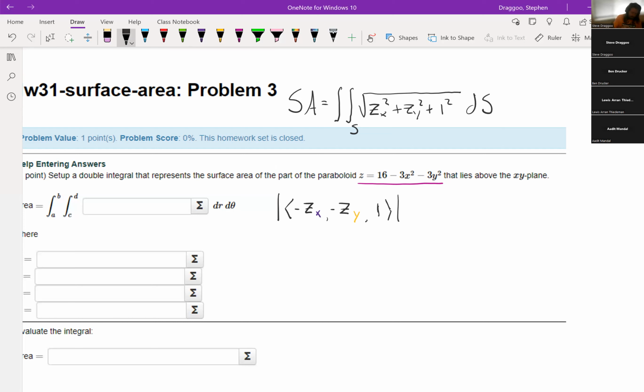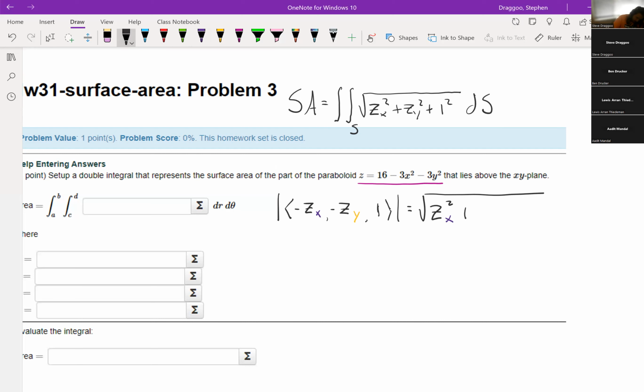The magnitude of this normal vector that we see a lot when we do surface integrals, and then again later on in Stokes and the divergence theorem. So if we calculate that magnitude, we'll see that it is exactly that square root written up in the formula above.